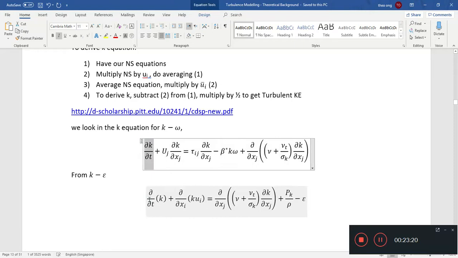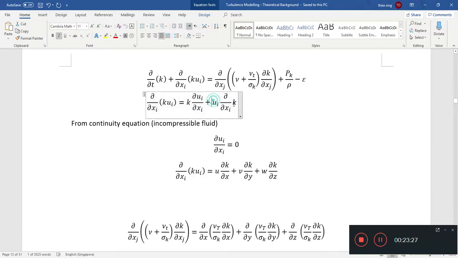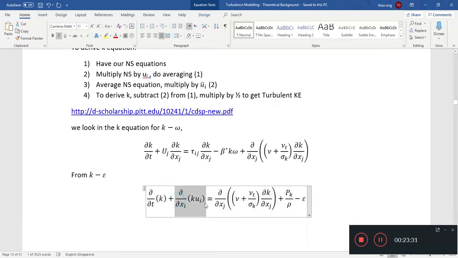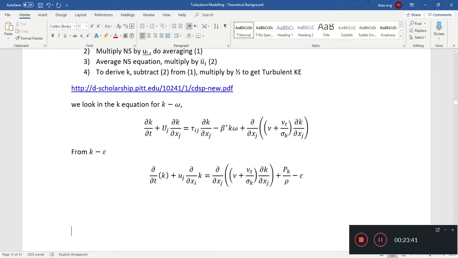This one is equal to this. I'll copy and paste this over to make it more familiar looking. This one is equal to this. I should use the index j instead of i here to make it more consistent. And this one is equal to this, which is fine.